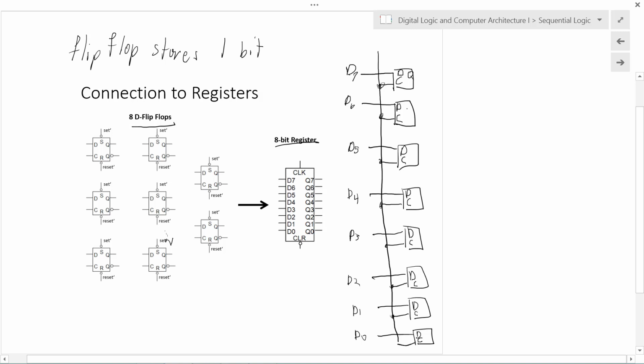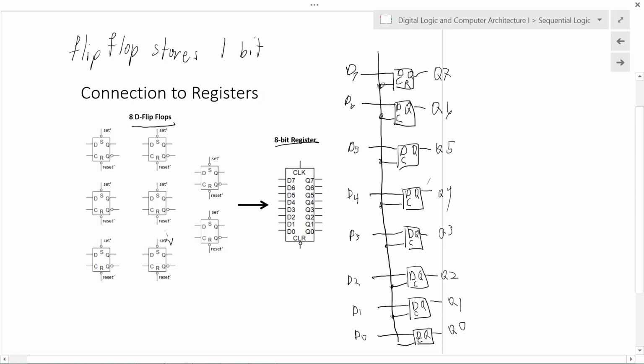We have our Q outputs. And these would connect to Q7, Q6, Q5, Q4, etc. And then we would need our clear or reset.